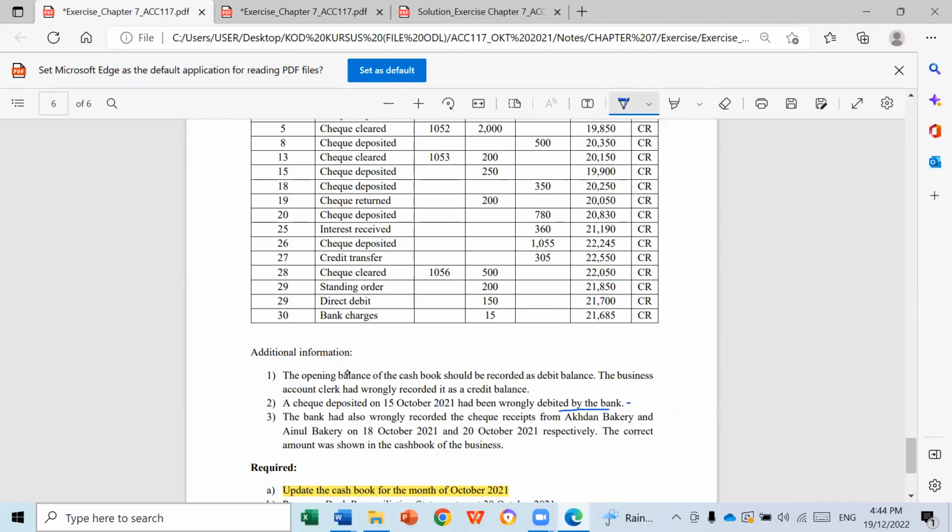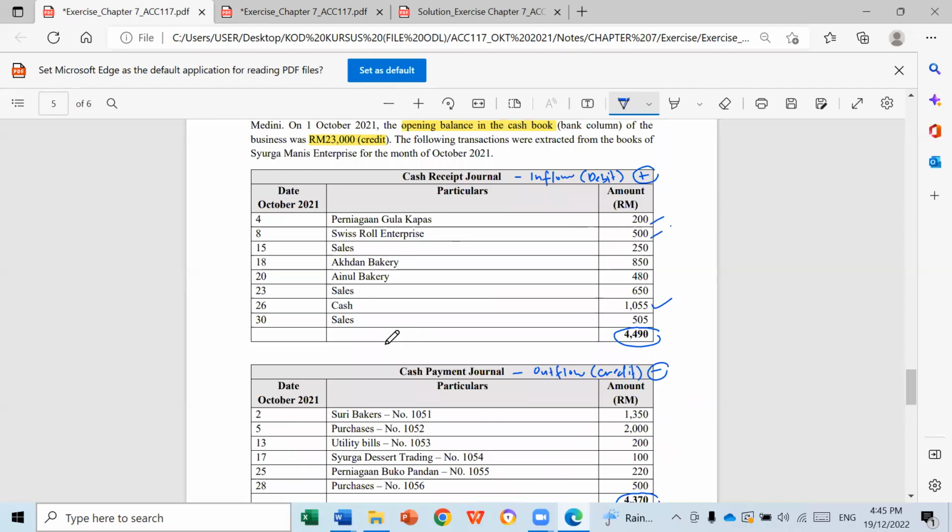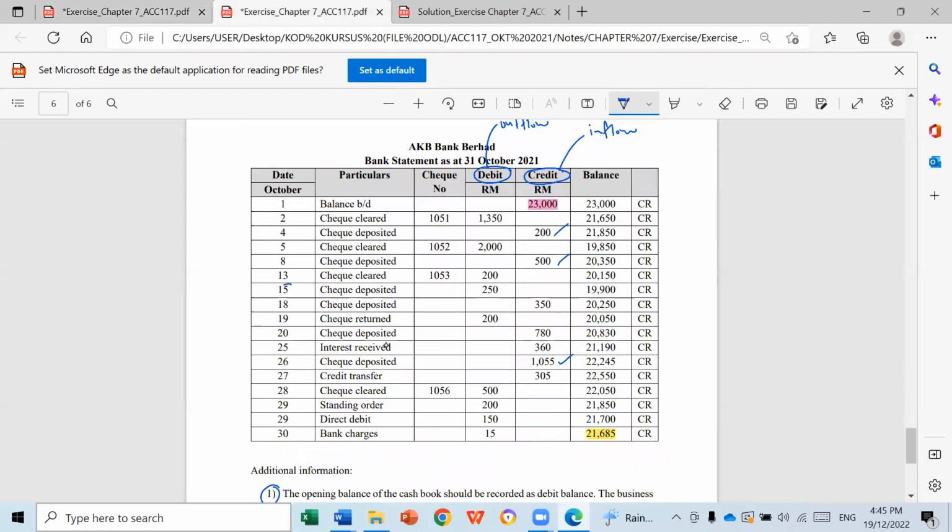The mistake was made by the bank. Meaning the cheque deposit on 15 October appeared in both, but the bank had made an error where the amount has been debited.